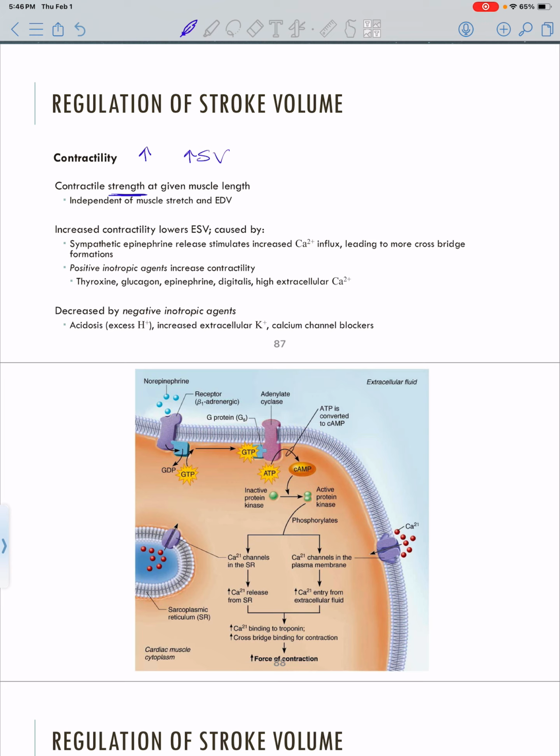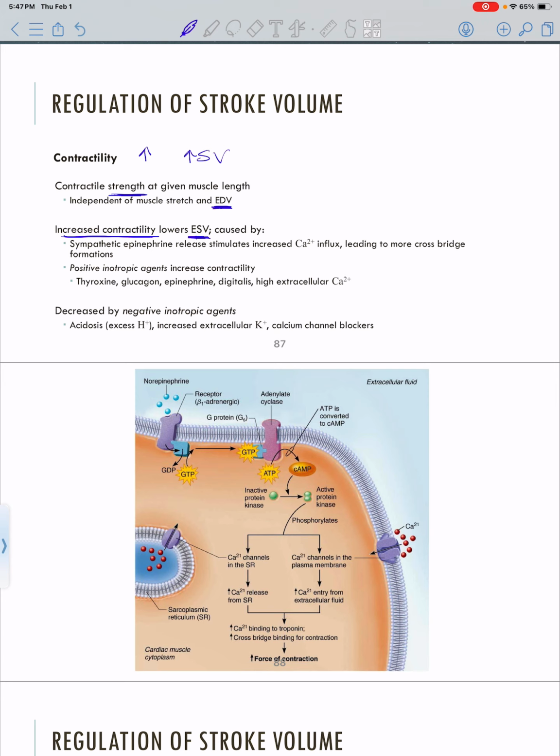So we're not really talking about how much we can fill during relaxation when we talk about contractility, so it's not going to affect our end diastolic volume. However, it is going to affect our end systolic volume. The stronger we can contract our ventricles, the less blood that's going to be left in our ventricles after contraction. So we're going to have a lower end systolic volume if we have increased contractility.